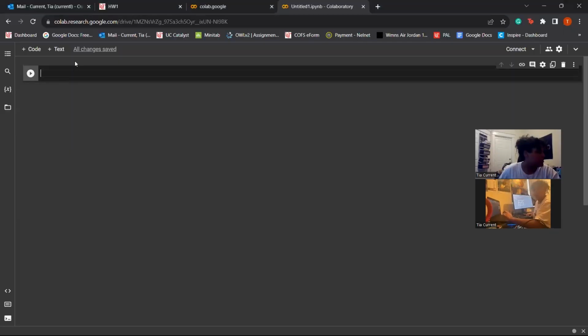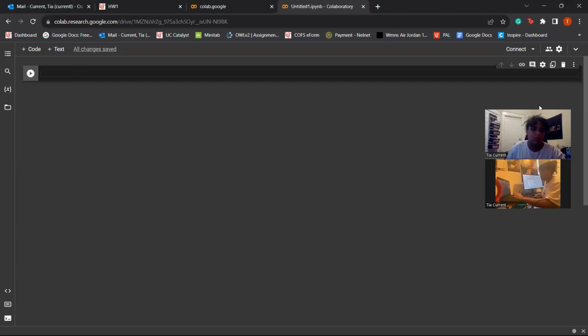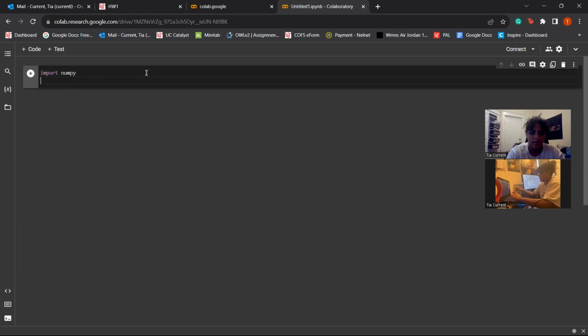First thing we want to do is import everything we need. So import numpy as np. And then we also need to import our plotly.